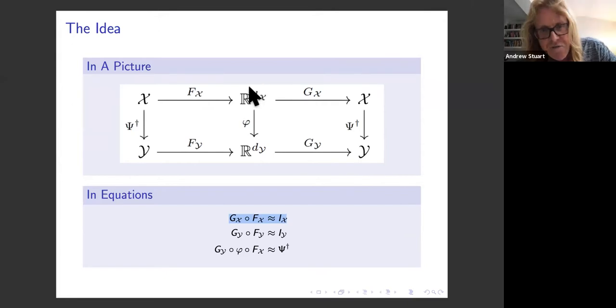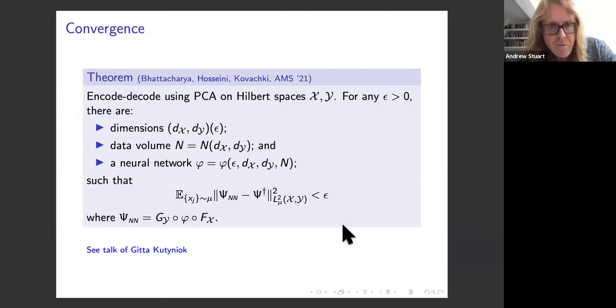We do that on the input and output space. That introduces latent finite dimensional spaces, and then we learn a neural network in the latent finite dimensional spaces. The objective is to learn the autoencoders F, G on the two spaces X and Y, and to learn the neural network varphi in such a way that the composition of Fx with varphi and Gy is approximately psi dagger. This theorem is a statement of the achievability of this.